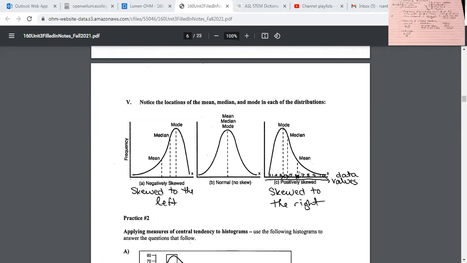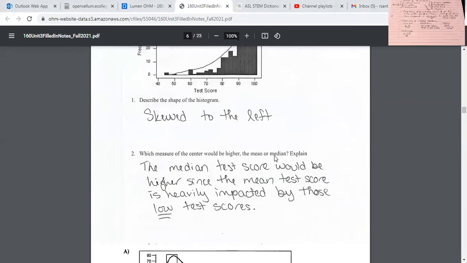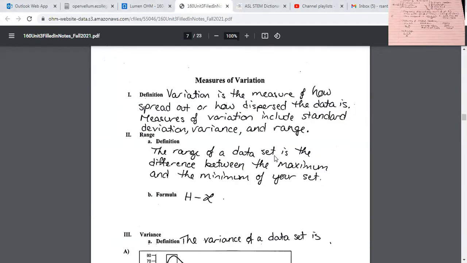So the mean is being pulled towards those extreme values, which implies that the mean is a greater value than the median. So I would definitely remember those two key features for negatively and positively skewed distributions. Just remember the mean is very sensitive to outliers, so it would be pulled in the direction of those extreme values. We have measures of variation.